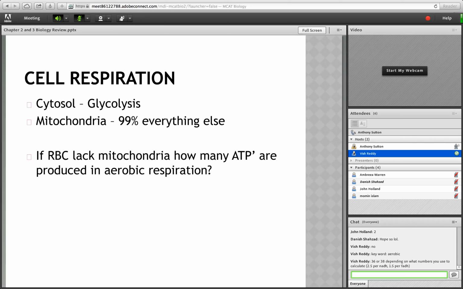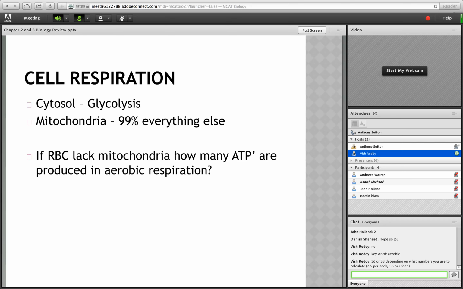I see typing. Okay, so I see where Vish went with this too. Let's follow this. Now, he would be right, but I guess I tricked everybody today. So read the question very closely, everybody.